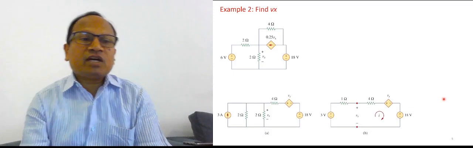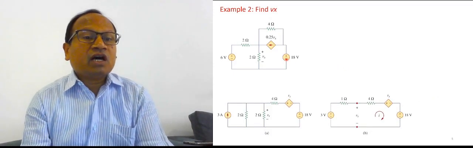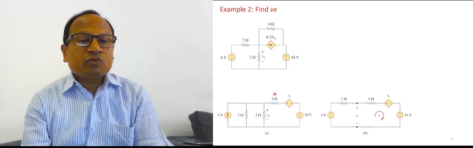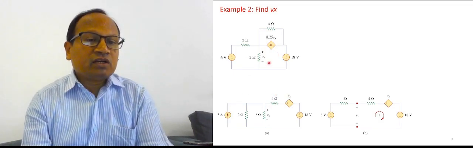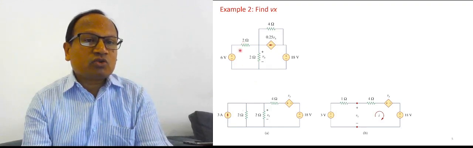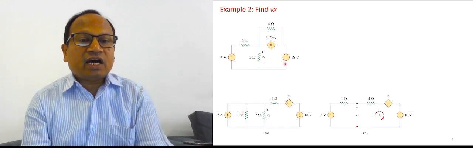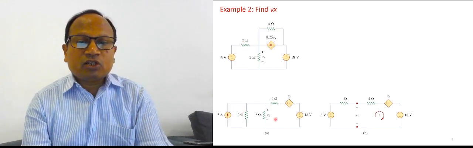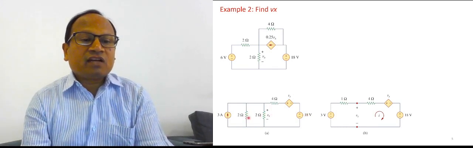And say when we are interested to calculate, in case when there is a dependent source, almost the same rule. You see here, we want to calculate by this one. So you see here this voltage source is converted into current source. So 2 has become in parallel, and you see here 3 and 2. And now again this 2 and 2 in parallel will become 1.